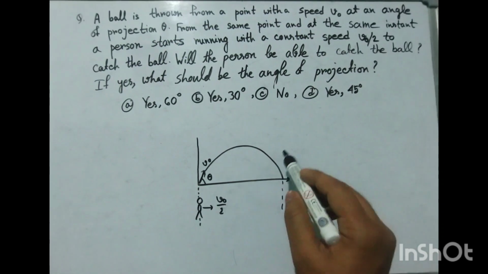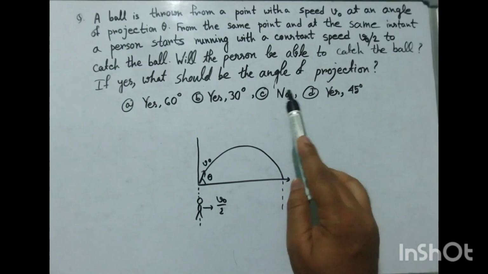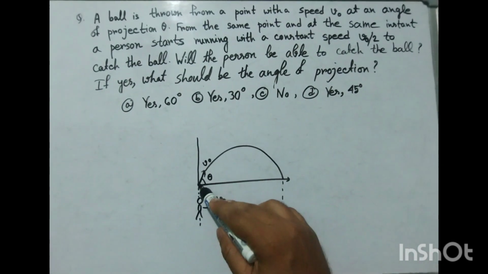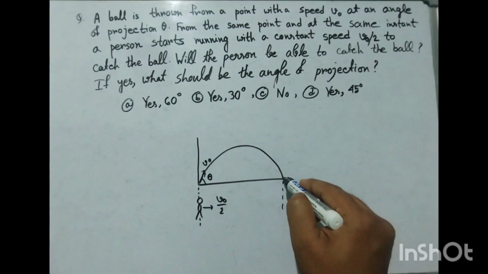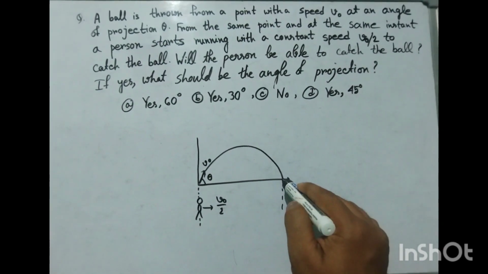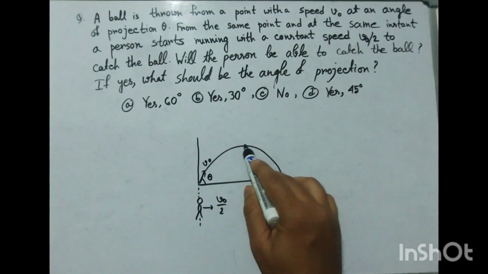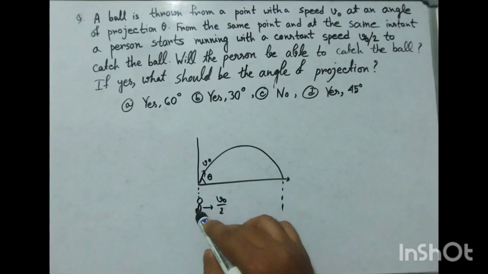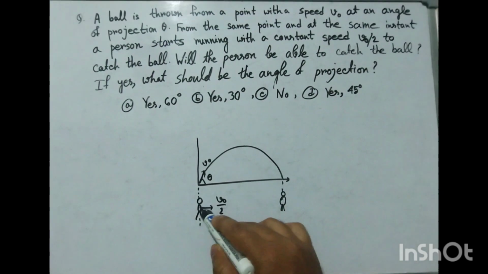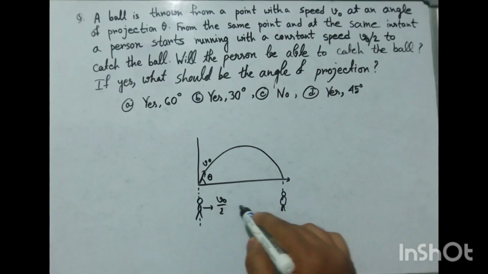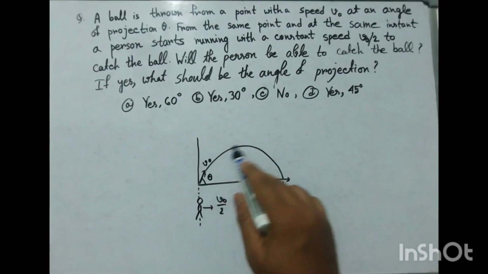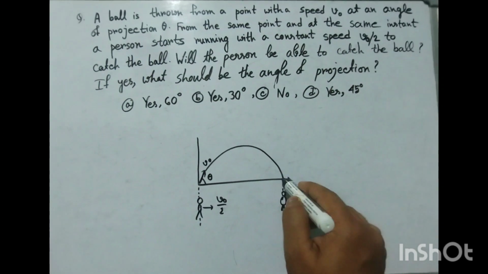So the question is, will the person be able to catch the ball? That means before the ball hits the ground, this man has to be present at that point. This man has to be exactly at that position at the time when the ball reaches the ground.